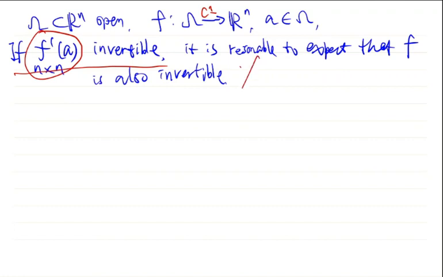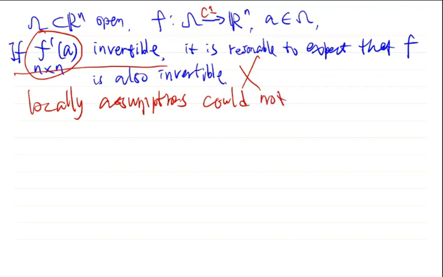So this is not true. Local assumptions could not imply global conclusions. Therefore, you could not expect this to be true. You could not expect f to be invertible. But it is possible to expect that f is locally invertible.